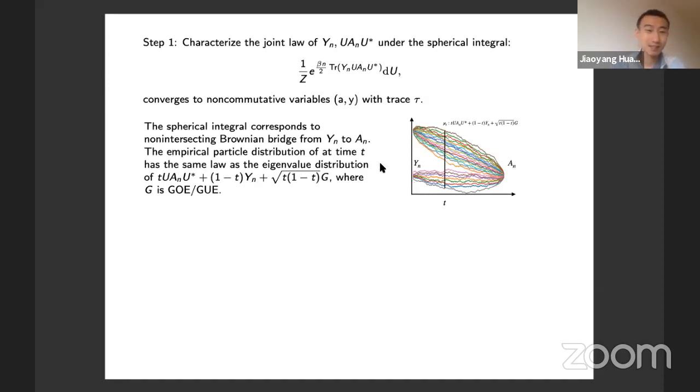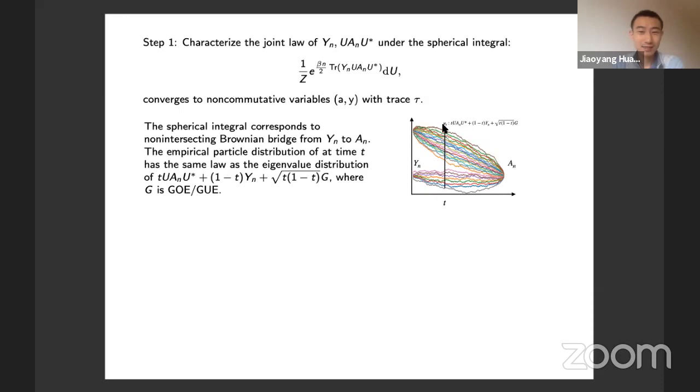Similarly, for the non-intersecting Brownian bridge we have a very similar description at time slice t. The particle distribution has the same law as the eigenvalue distribution of the interpolation of the two matrices: t times U A_n U* plus 1 minus t times Y_n, plus square root of t(1−t) times a GOE or GUE matrix.